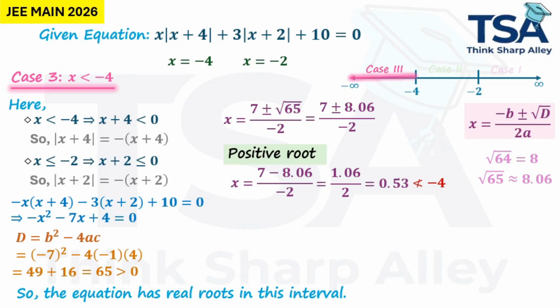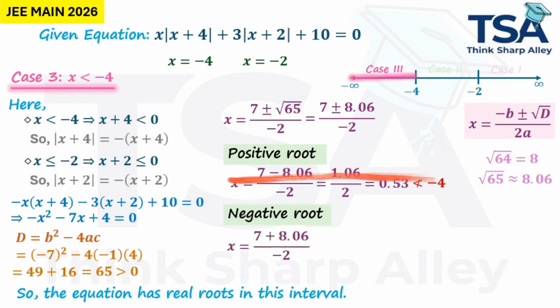Now is 0.53 less than minus 4? Not even close. So it fails our interval validation completely, so we strike it out. Next, our second root is (7 plus 8.06) by minus 2, which consolidates down to a negative fraction around minus 15.06 by 2, or roughly minus 7.53.